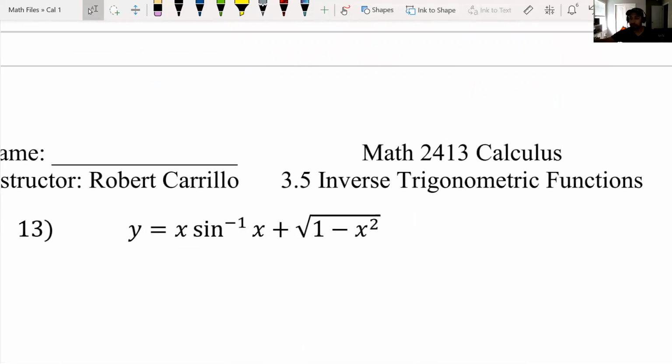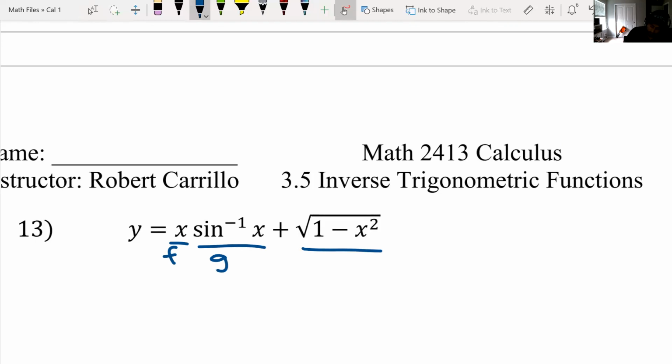Okay. Sweet. So we are going to have the product rule here on the left side, and that's just going to be chain rule on the right side. So here's F, here's G. Okay.